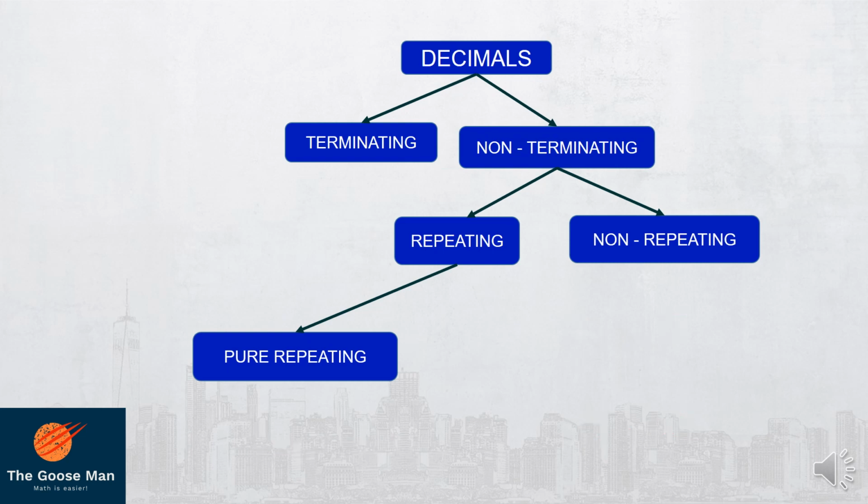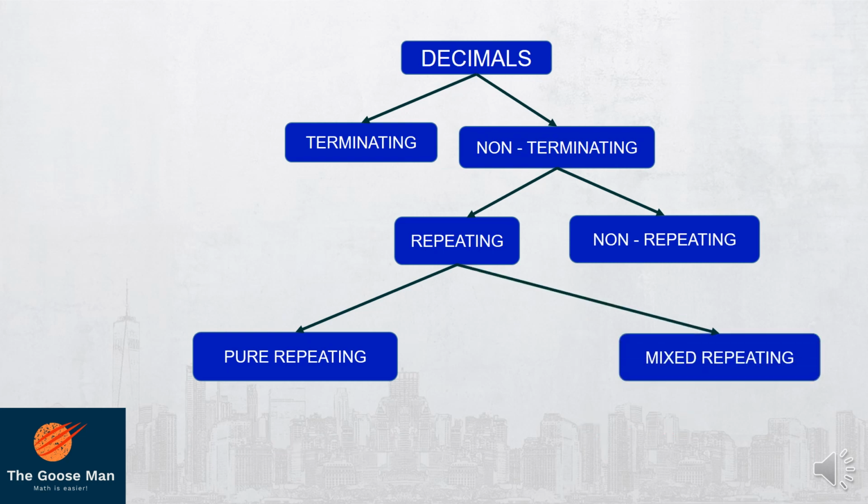So let's move on to mixed repeating, non-terminating decimal. The definition is that only part of the quotient repeats infinitely. Example, we have 8 over 15, which is equal to 0.533 infinitely, or I can rewrite this as 0.53, and I'll put a bar on top of 3.